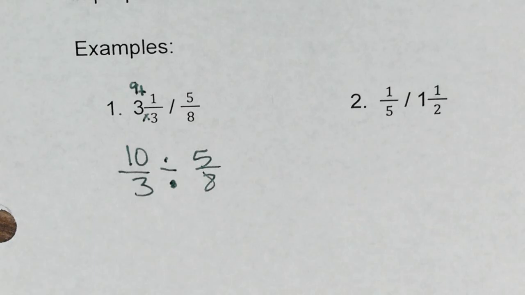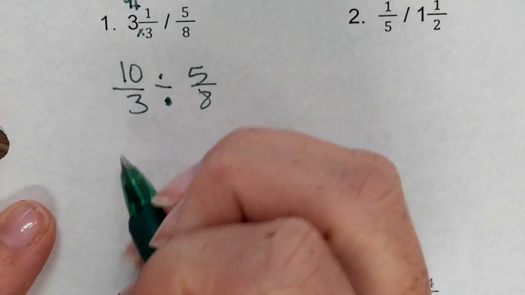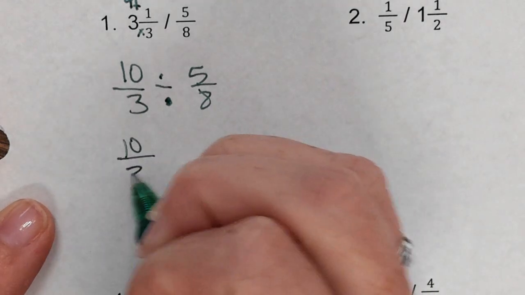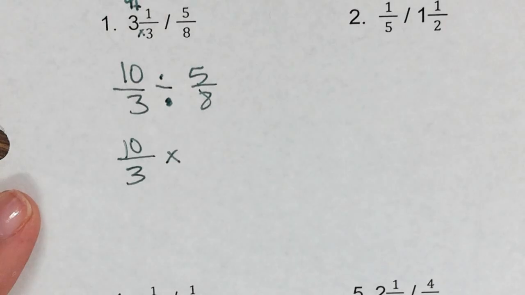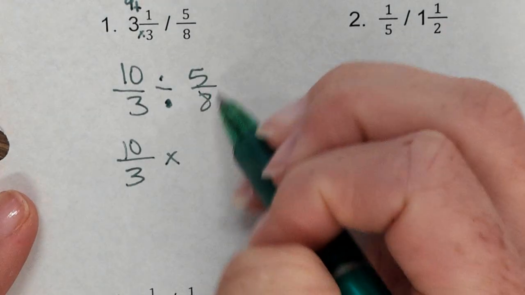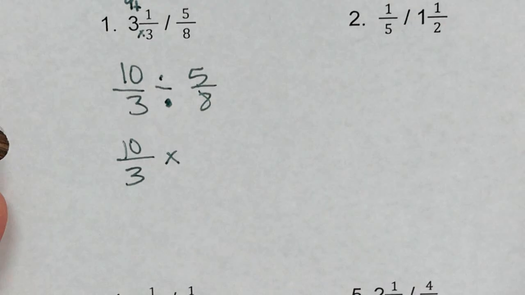I need everybody paying attention. But we cannot divide fractions. We have to multiply by their reciprocal. To do that, we keep, so I'm going to keep it 10/3. We change the division sign to multiplication, and we multiply that by the reciprocal.